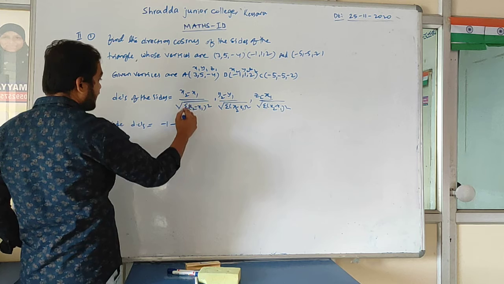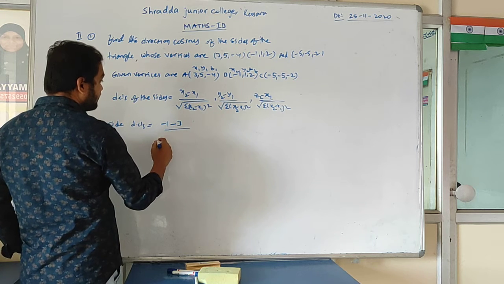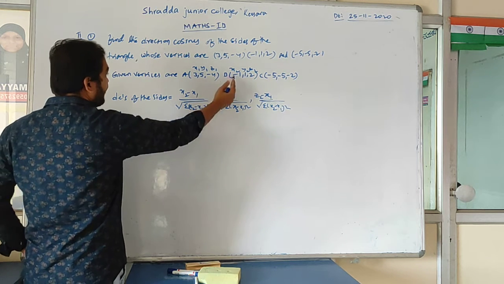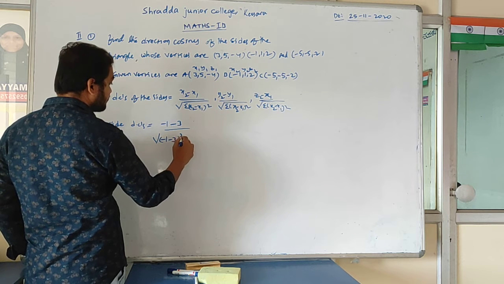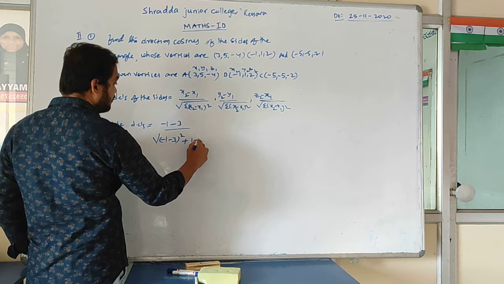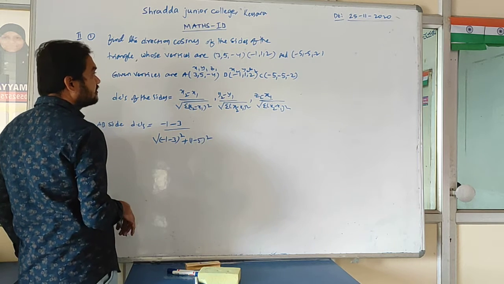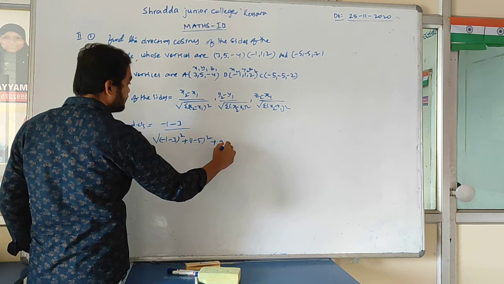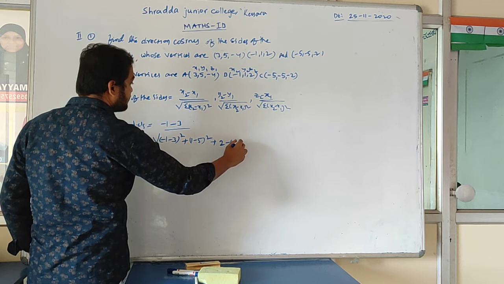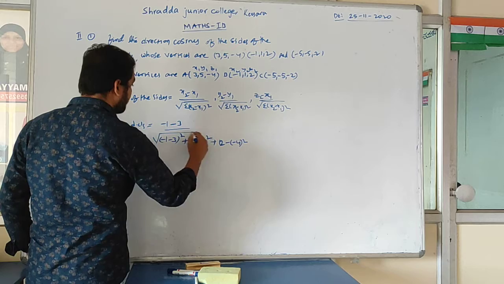Minus 1 minus x1, which is 3, by square root of x2 minus x1 whole square, that is minus 1 minus 3 whole square, plus y2 minus y1 whole square, that is 1 minus 5 whole square, plus z2 minus z1 whole square, 2 minus minus 4 whole square.